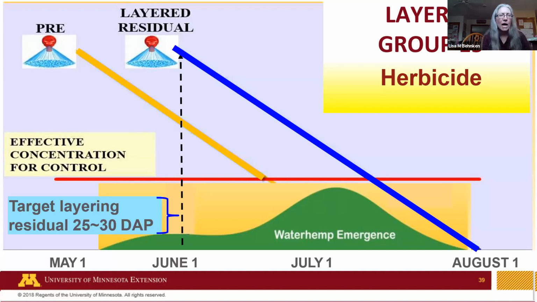The other option that some are looking at is in-row cultivation. At some point in here you might use some in-row cultivation to take out a flush, helping us with that layer as well. But really, we're relying on crop canopy to help us for the rest of the season. That is our best goal.